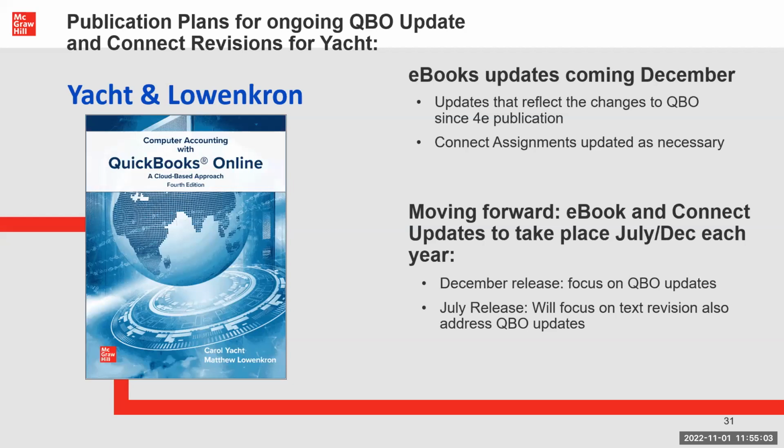So the approach here is going to be the December releases will only focus on updates that have taken place in software. The July release will focus on standard text revision type updates, as well as addressing any software updates to align with the latest version of the software. So those are the higher level differences between these two books and our plans moving forward.